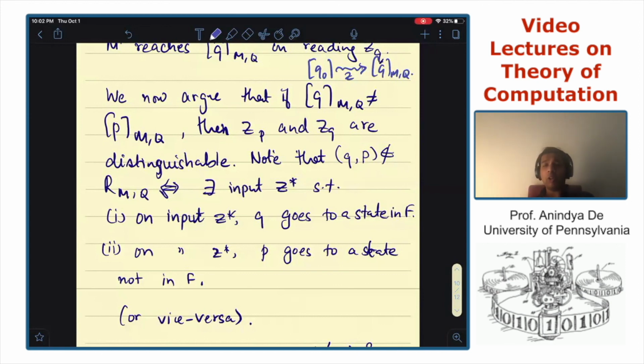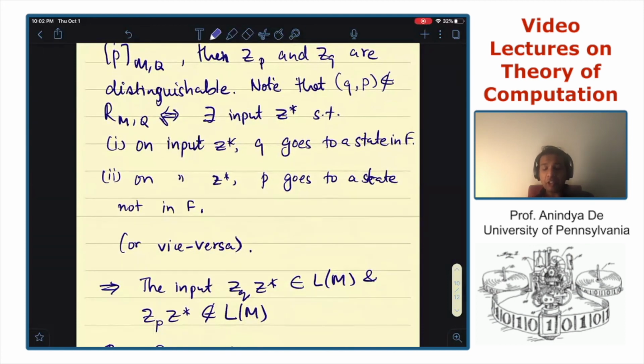So without loss of generality, let's assume there is an input Z star such that starting from Q and reading Z star, you go to a state in F, and starting from P and reading Z star, you go to a state not in F.